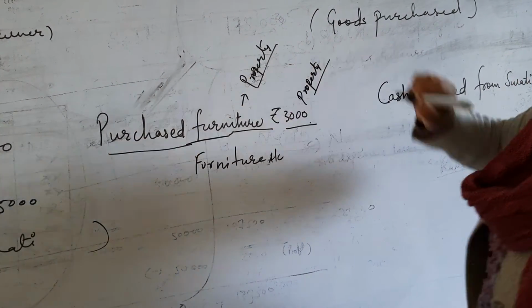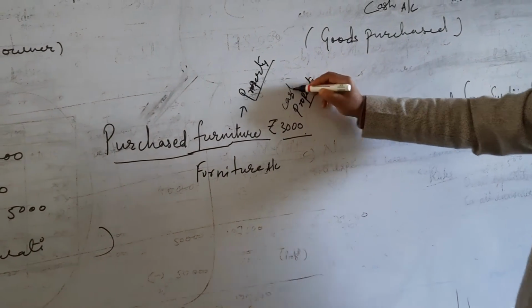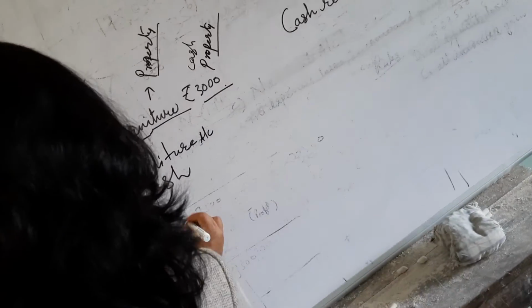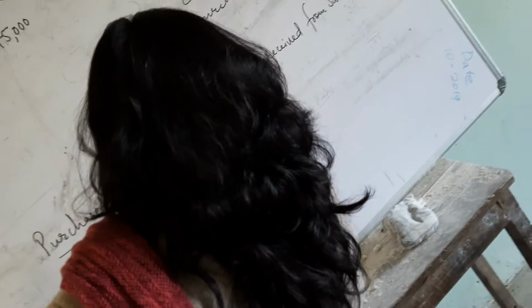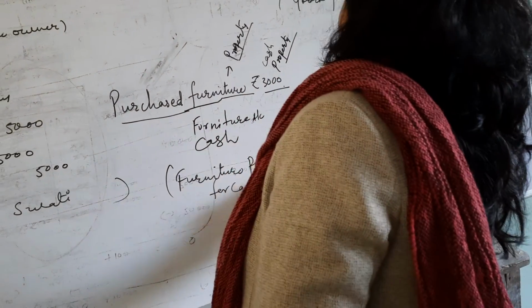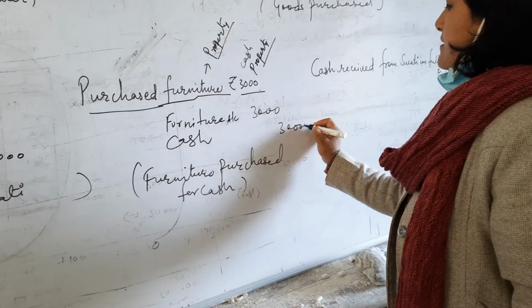Debit what comes in, credit what goes out. So cash goes out, yes. So our second line will be cash. What will be the narration? Furniture purchased for cash. Amount will be 3,000 on both sides.